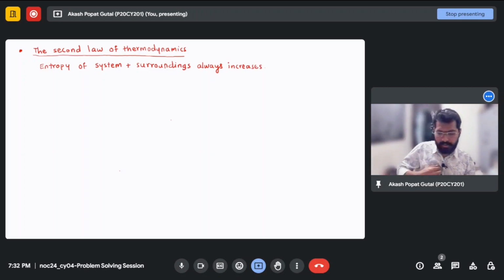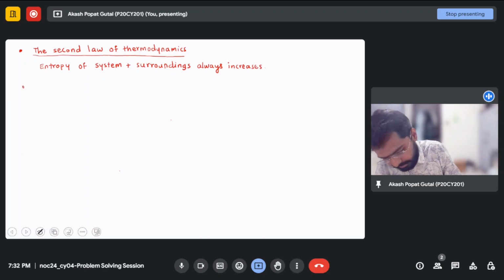And after that, we have seen what the Carnot cycle is.